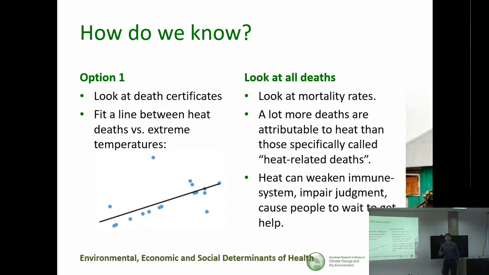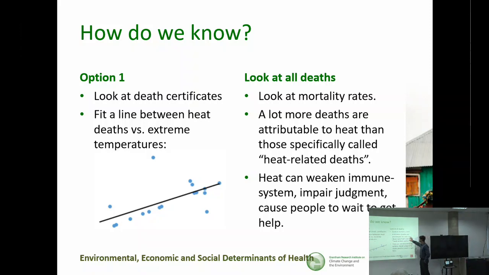The broader challenge, though, is that there are, as I've mentioned, a lot of other avenues by which people die when there are these higher temperatures. It's not just things that are registered as heat stroke or heat stress.